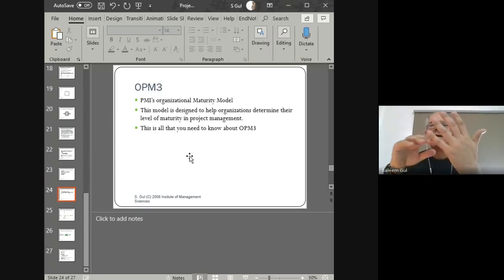But to conclude, then, OPM3 has 5 layers or 5 levels for organizations. Level 1, immature organizations that are using ad hoc project management. Level 2, organizations are those that are using basic level project management. Level 3 are those that are using advanced level project management.